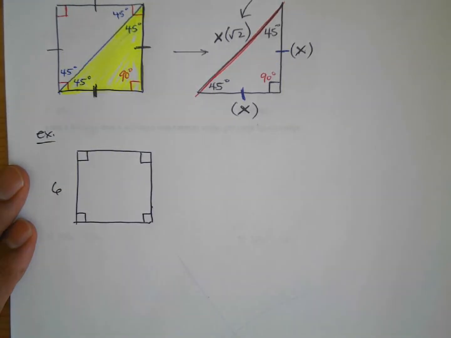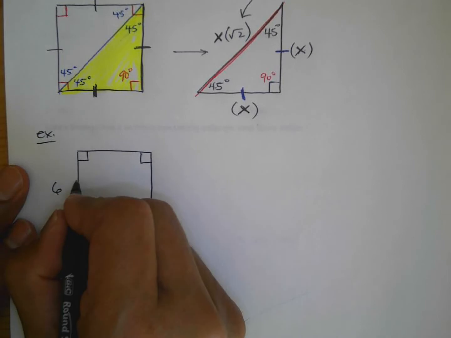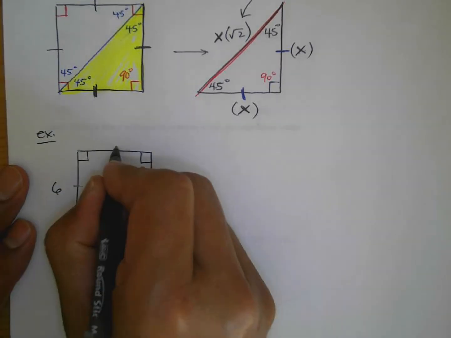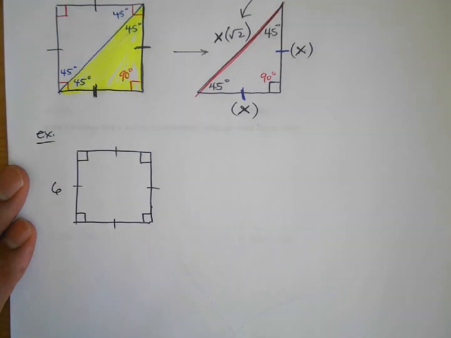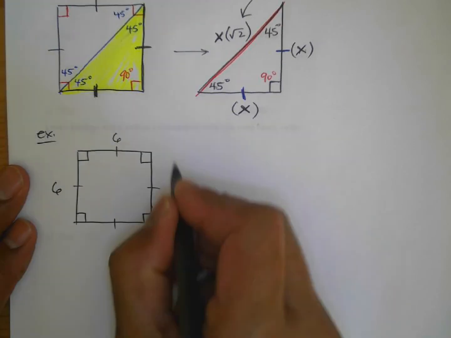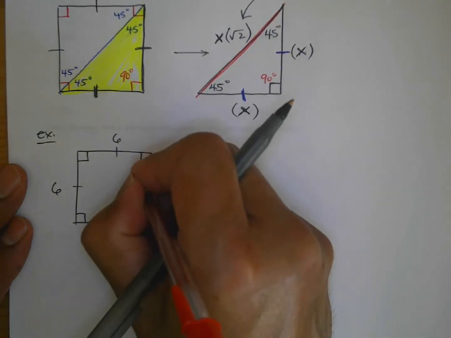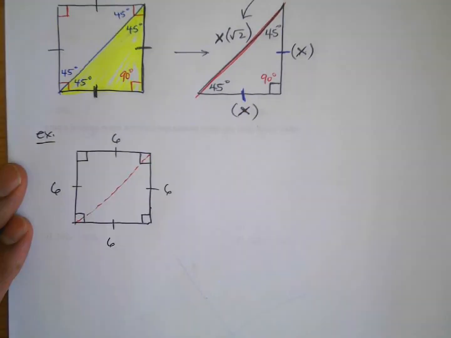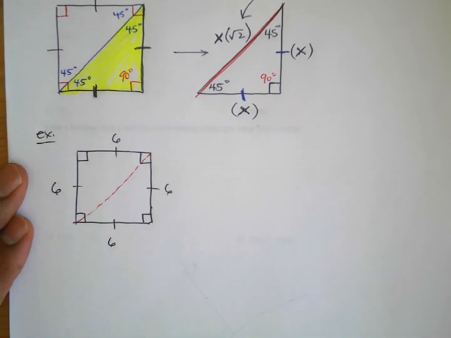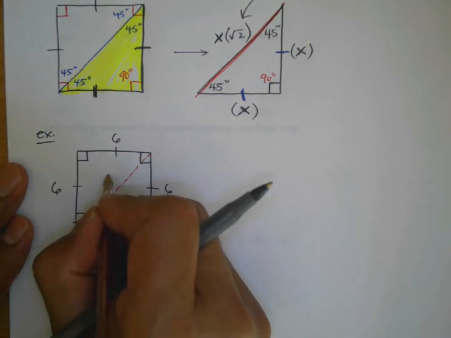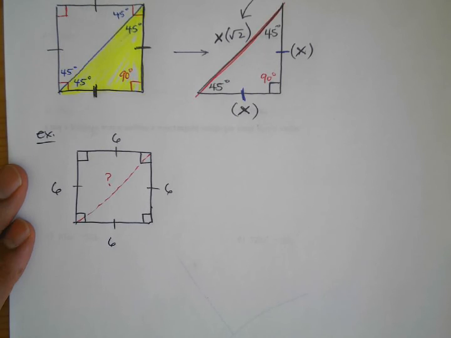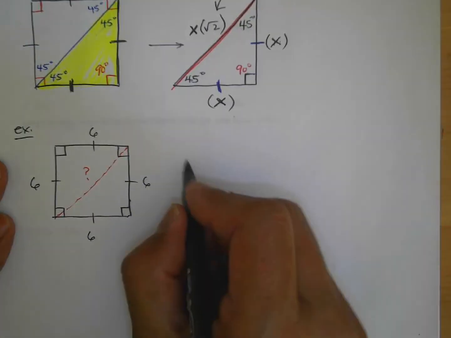Well, what do I know about a square? If that's 6, then all the sides are congruent. That means they're all 6. Question is, how much is this diagonal? Or you can also go the other way, the other diagonal over here.